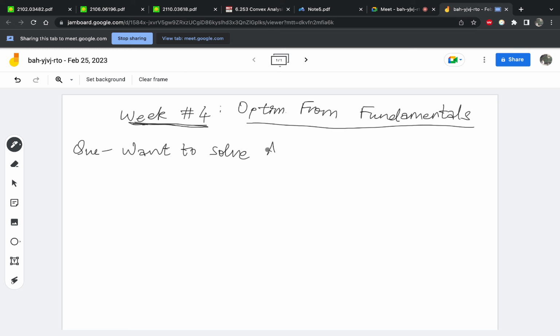So what we want to do is solve Ax equals b, but the situation is that A is a fat matrix, meaning it's an m cross n matrix where m is less than n. At most you can have rank m. Say it is m.